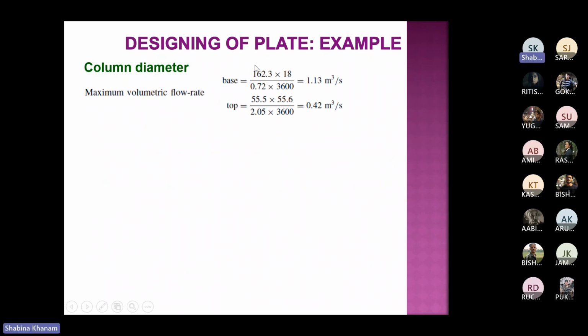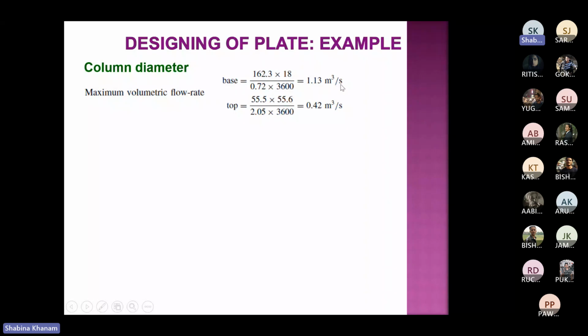Yes. So this is the flow rate which we have fixed, and it is given in moles. So this we have to multiply with the molecular weight and divide by 0.72, that is the density. Considering this, you can find the volumetric flow rate at maximum condition.